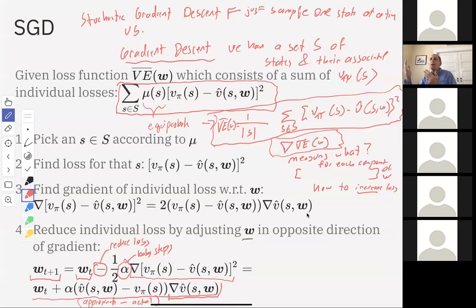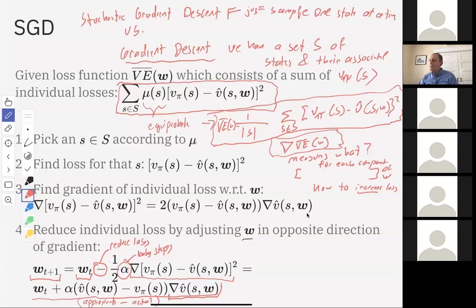And over time, it turns out that we will still end up in a correct descent. What may happen is we may end up sometimes increasing the overall loss, and sometimes decreasing the overall loss. But over time, we will decrease the overall loss.